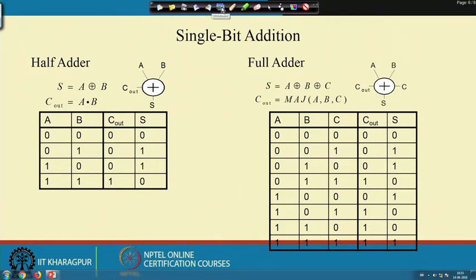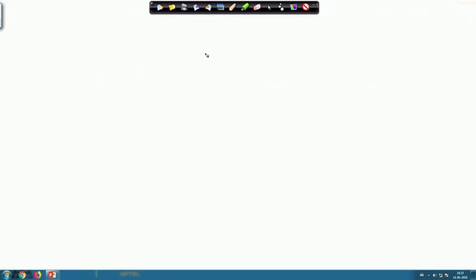Why? That is 1 plus 1, which is 1 0. Now, along with this 1 0, this is the LSB position, 0 plus 1 equals 1. So, sum is 1 and this is the carry out bit, that is 1. Okay, understood?